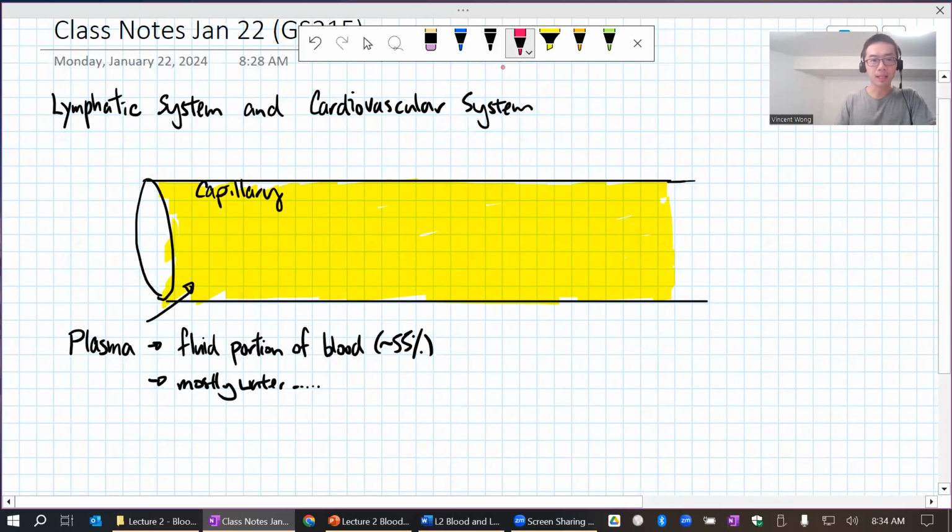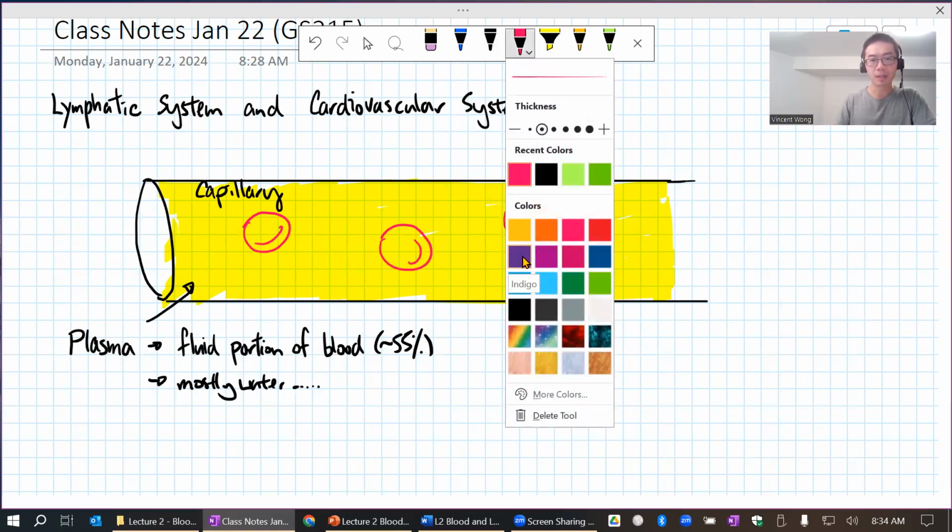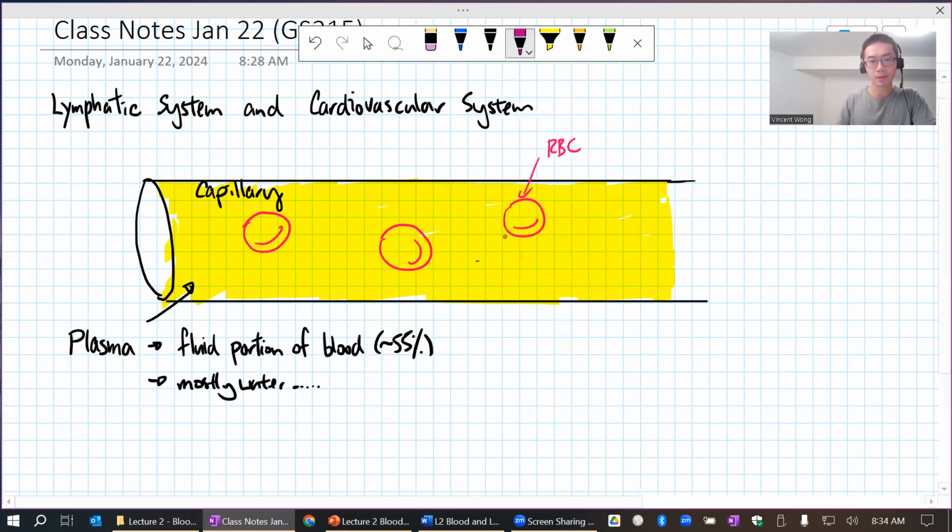Now, in the plasma, we have other things like red cells, RBC. You will have some white cells. You can draw them with a little clover leaf in the middle, WBC.